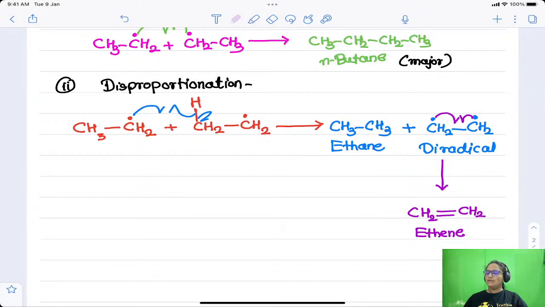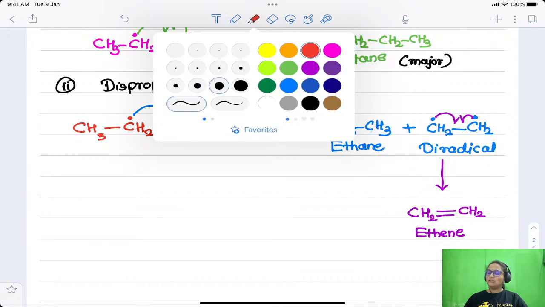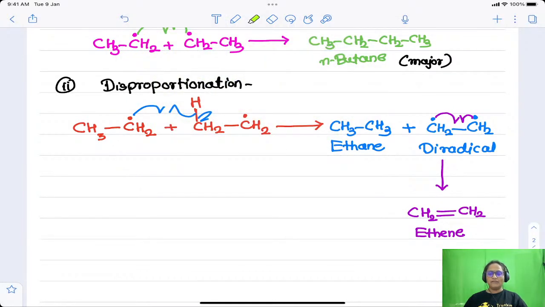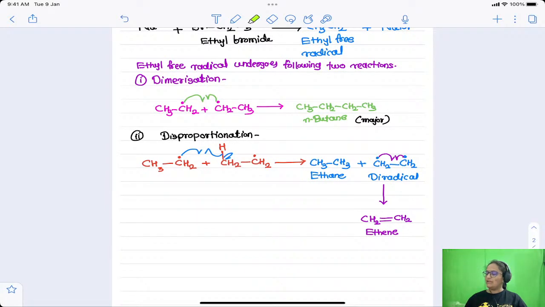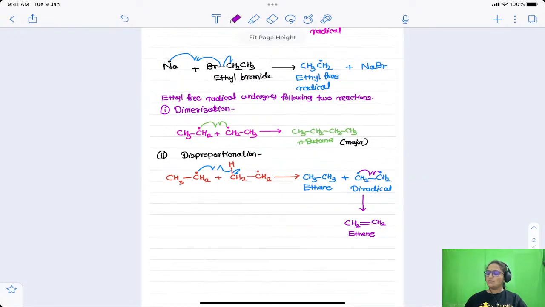And one more thing: during this reaction the oxidation states are changed. Therefore this is called a disproportionation reaction. By disproportionation we are getting ethane and ethene, which are the minor products, not major products. They are produced in a small amount.